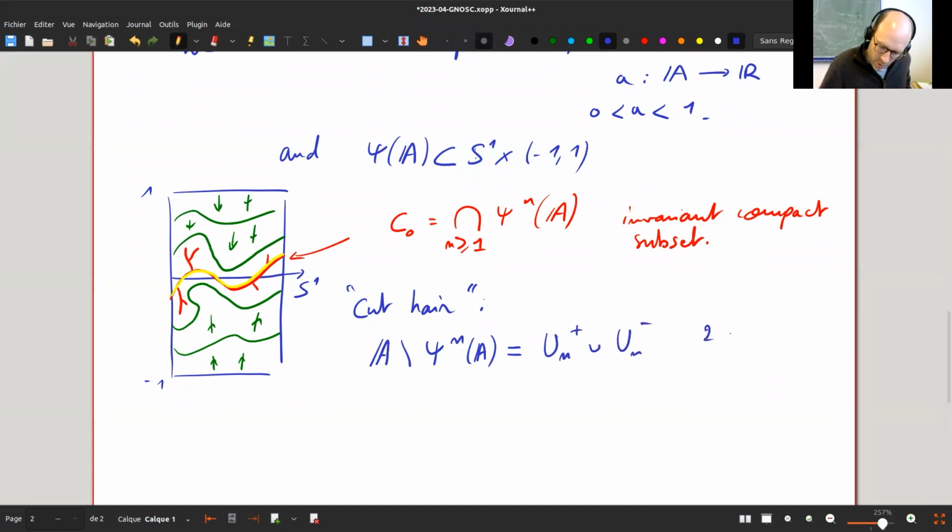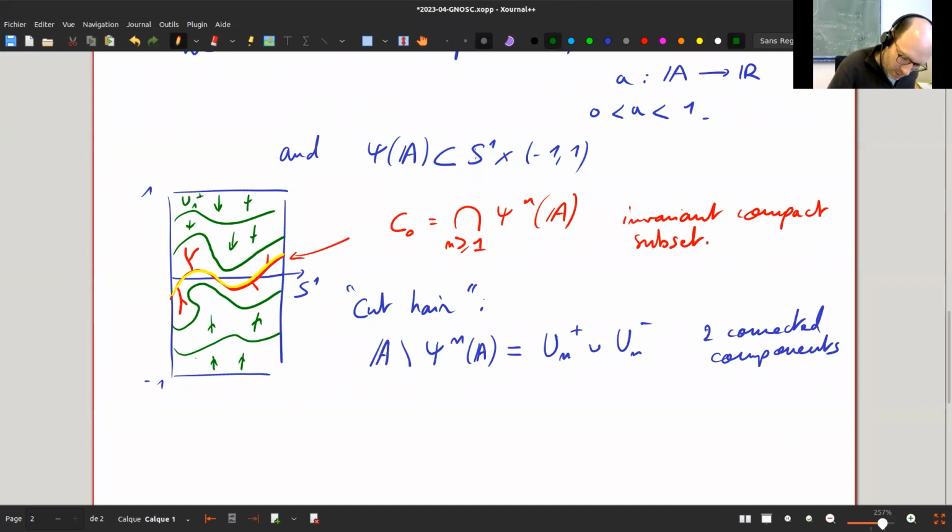So for example, on my picture, u1 plus is here, u1 minus is here, and then u2 minus will be the bigger thing, and u2 plus will be this, and then we have a un plus and a un minus after iterations.